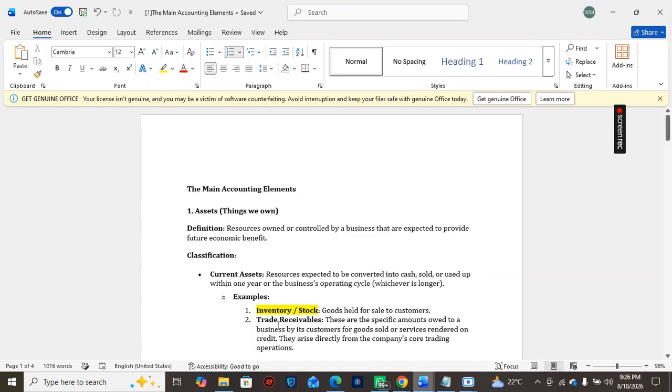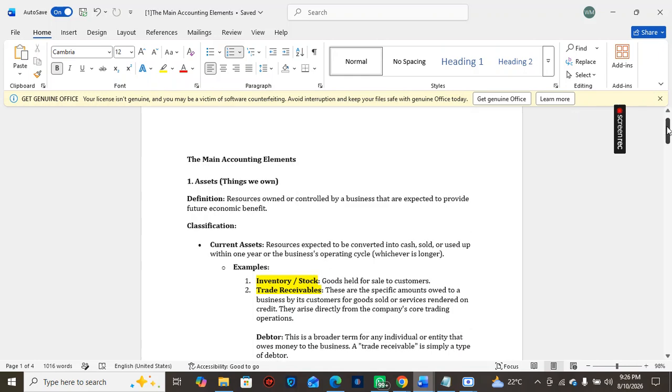Then we have trade receivables. These are people who owe us money. They are an asset. Then you've got cash at hand or cash in the bank. Cash is also a current asset.